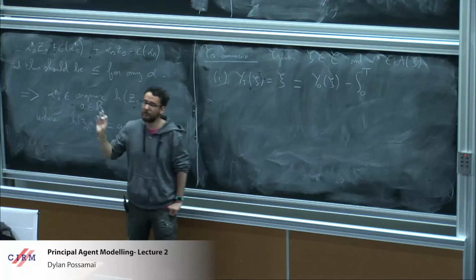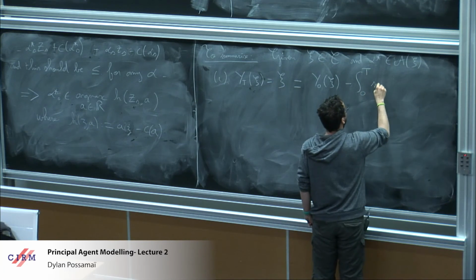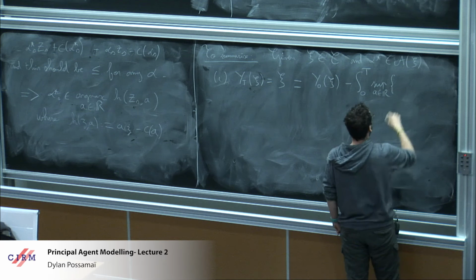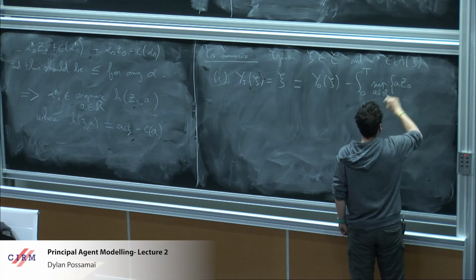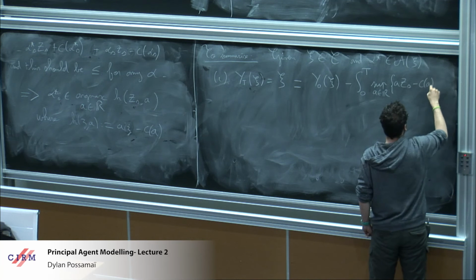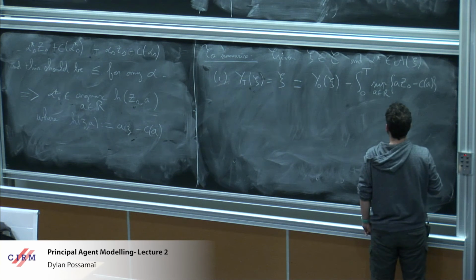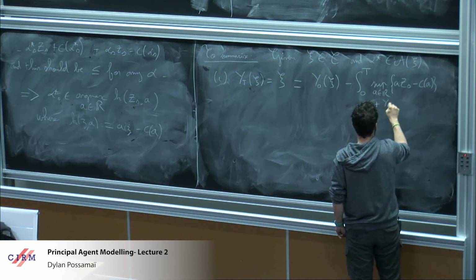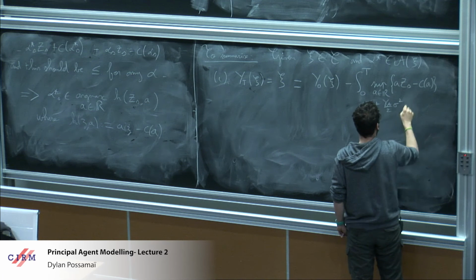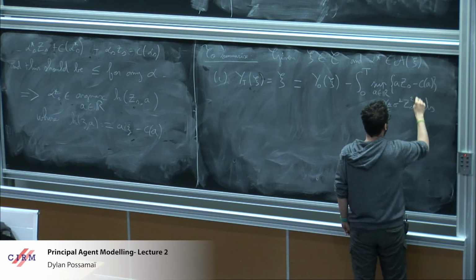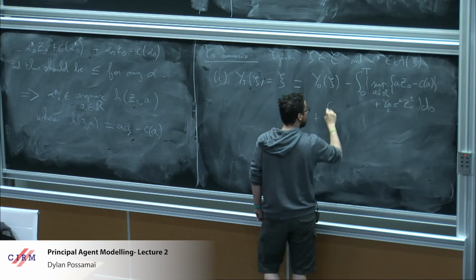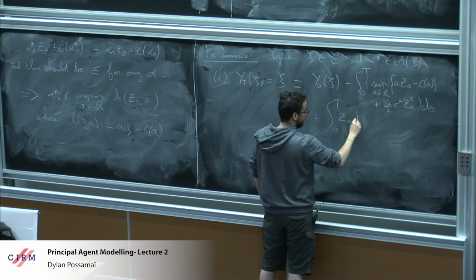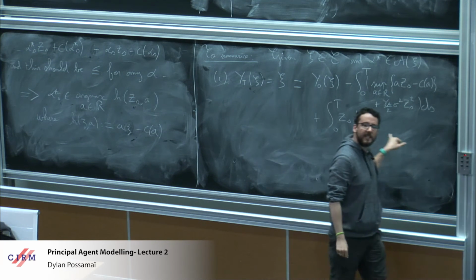So I can just write it differently and say that here this is the sup over A of A z_s minus C of A. And if I didn't mess up the signs, I think plus gamma A over 2 sigma squared z squared, and plus integral 0 to t z_s dX_s. dX_s is sigma dB.